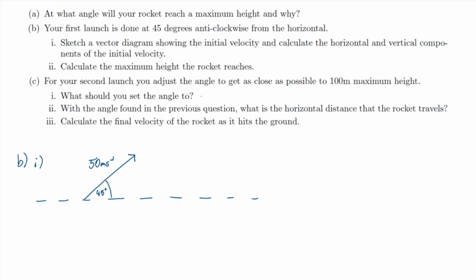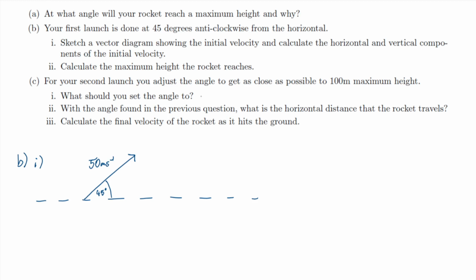Now a vector can be split up into two vectors, in the horizontal and the vertical direction. And why we do this is to simplify the problem, because it's much easier to work in one direction, like vertical and then horizontal, than to work in two dimensions at the same time. Right, it's possible, but in level 2 physics, that's what we're doing.